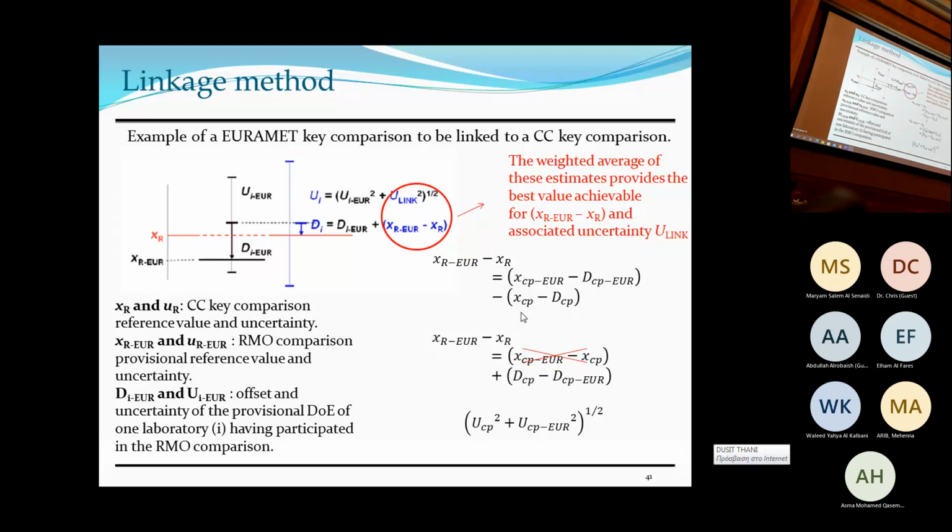So whatever value they got, the transfer standard in the RMO should be the same as the value that they got in the CC comparison. So it's just a matter of shifting after that.